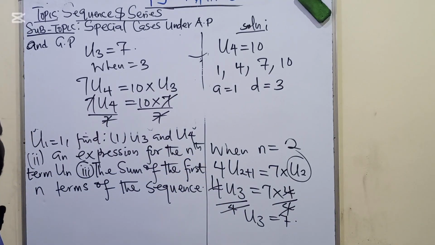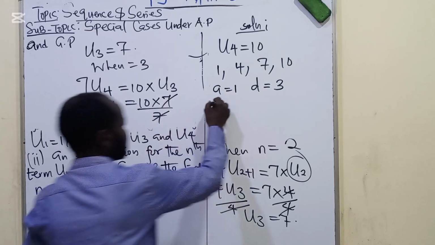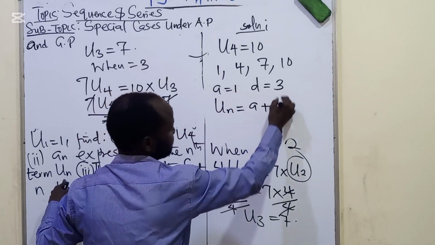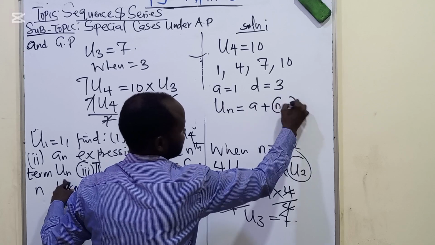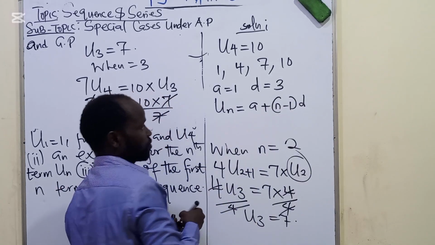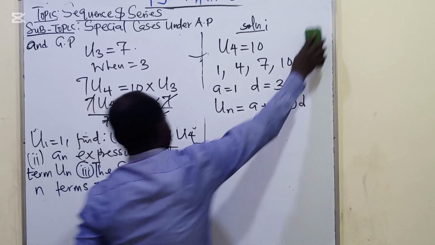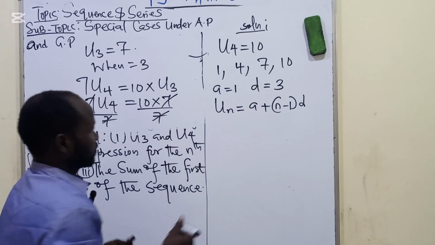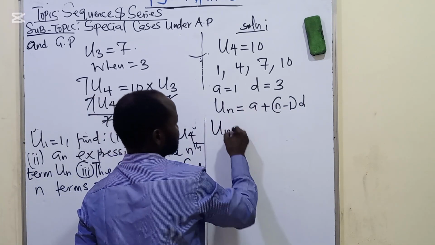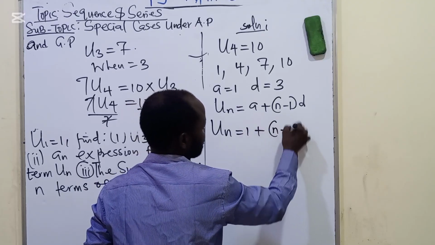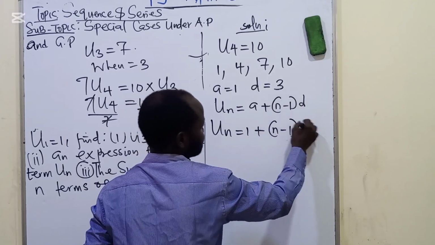So let's get the nth term now. We can use the nth term of an AP, which is a plus n minus 1 multiplied by the common difference d. Let's substitute. The nth term will be equal to the first term, 1, plus n minus 1 multiplied by the common difference 3.